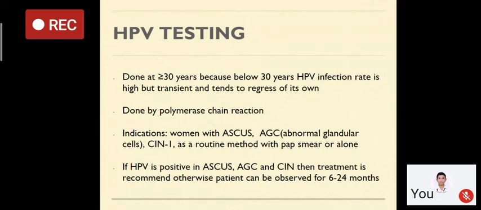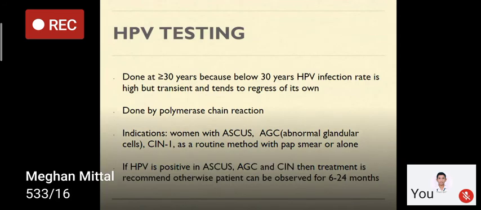It is done after 30 years, because below 30 years the HPV rate is higher. As I told you, all sexually active females will inevitably have HPV infection, and generally after 6 to 12 months the HPV itself regresses because of the immunity of the female.